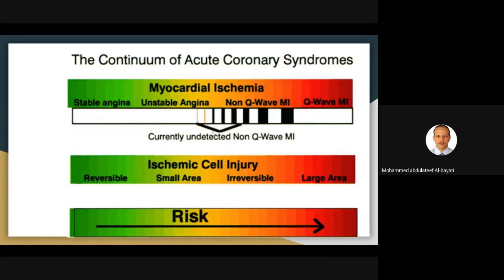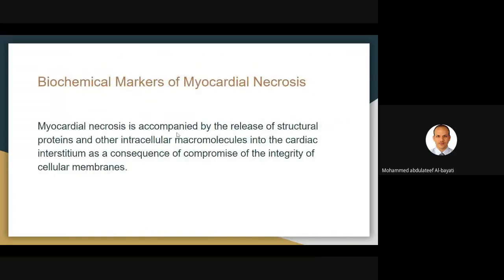So what is the role of biochemistry in evaluation, diagnosis, or stratification of the risk? Biochemical markers of myocardial necrosis: myocardial necrosis is accompanied by the release of structural proteins and or intracellular macromolecules into the cardiac interstitium as a consequence of compromised integrity of the cellular membrane.